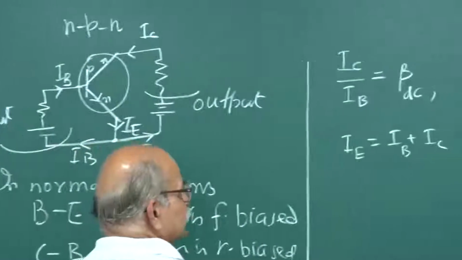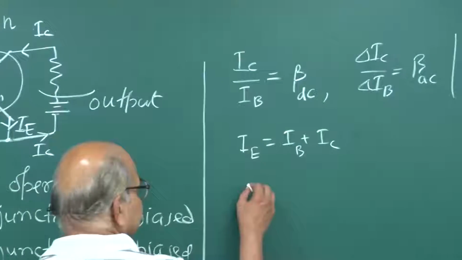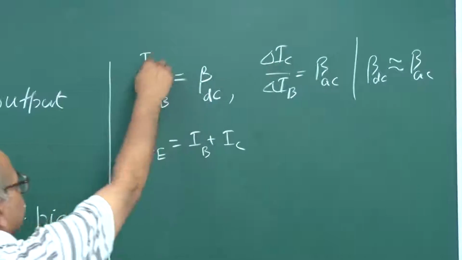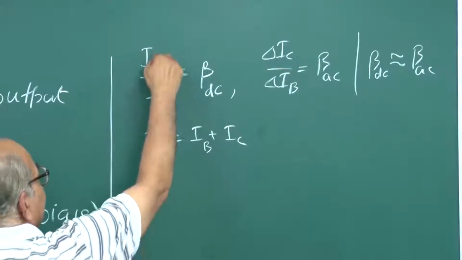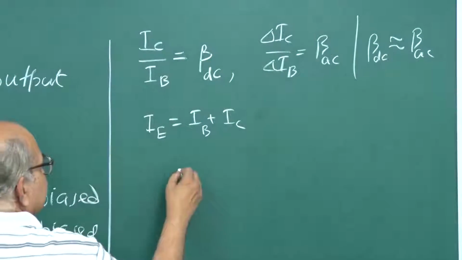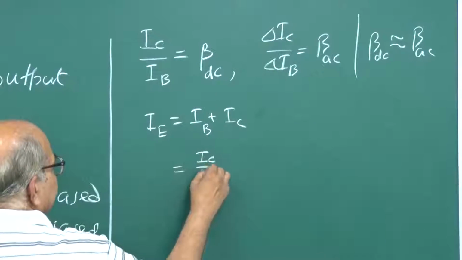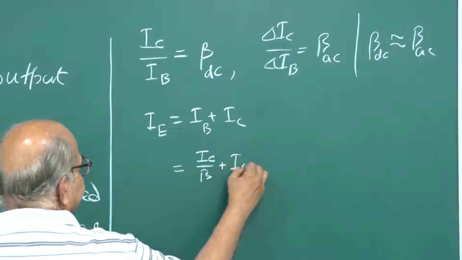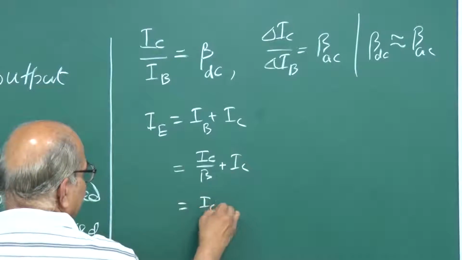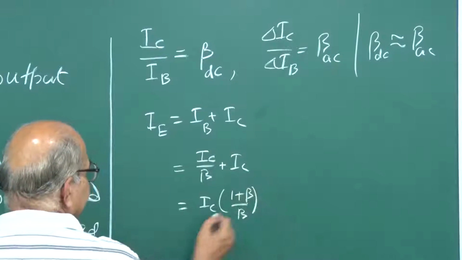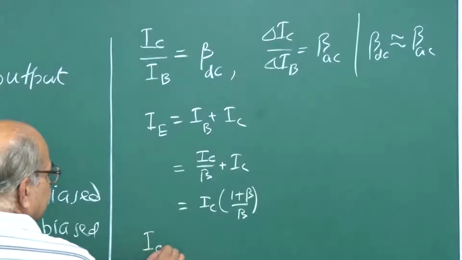And then if you write this IE, if you take this IB as IC divided by beta, so this will be IC divided by beta plus IC. So, it is IC common, 1 plus beta over beta, and hence you have IC over IE.